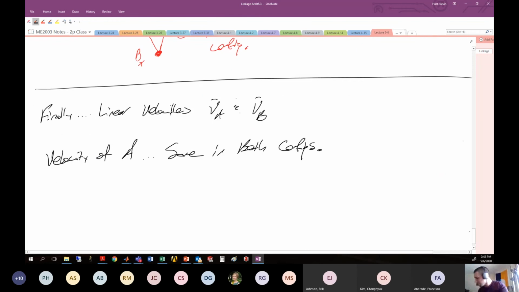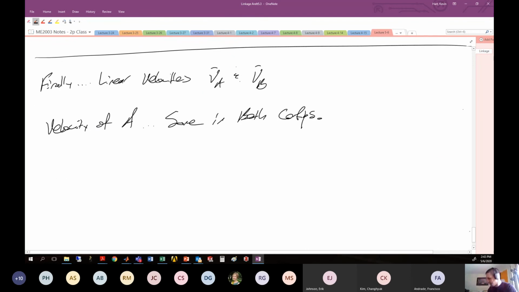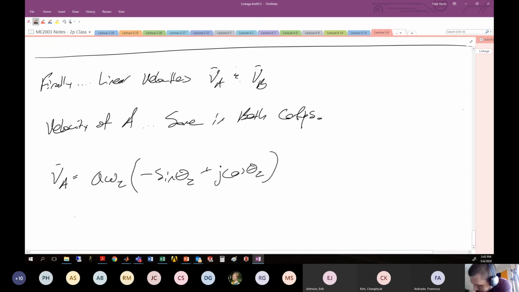Our general equation is going to look like omega cross R. If we do it in complex notation, the velocity at A is A omega 2 times negative sine theta 2 plus j cosine theta 2. Here, A is 40 millimeters.